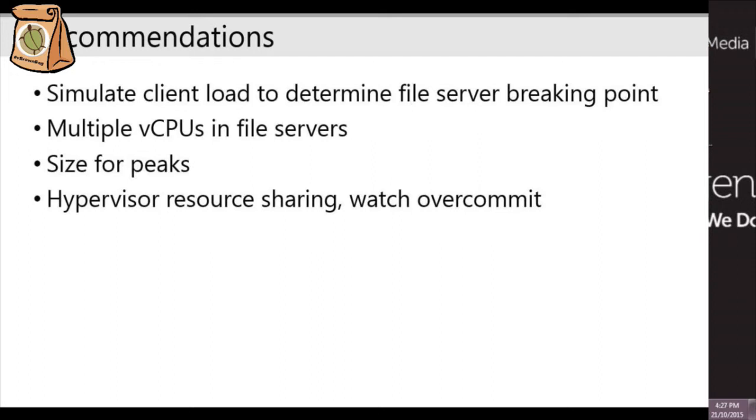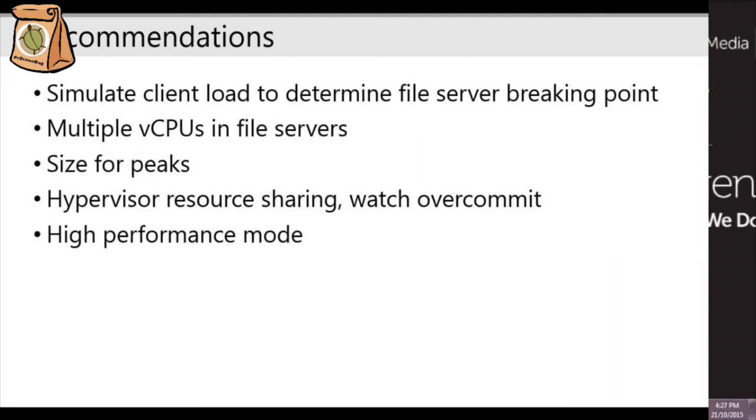Hypervisor resource sharing is certainly something to look at as well. So watch the overcommit level that you have on your hypervisor layer. If you are consolidating file servers, maybe you need to look at the number of virtual machines versus the amount of CPU capacity you have available on your compute layer.